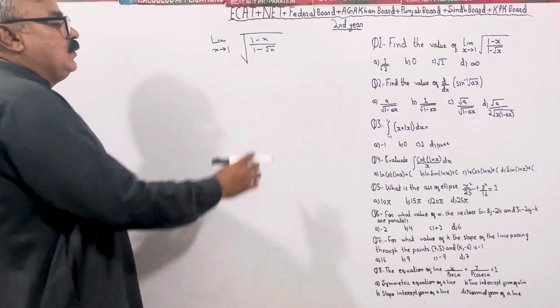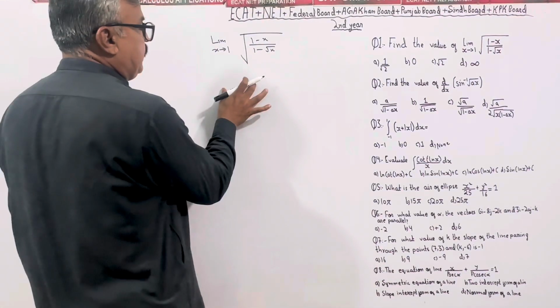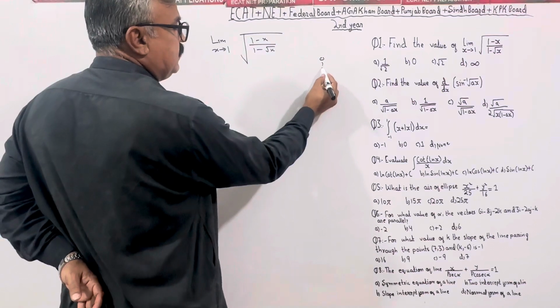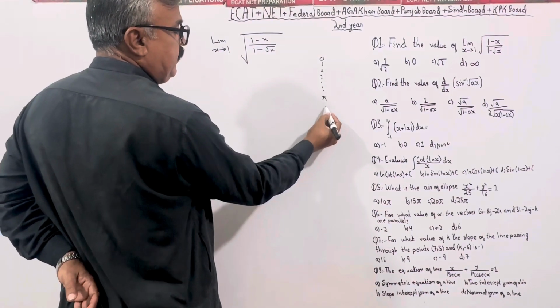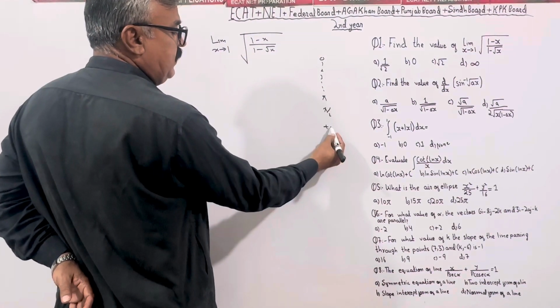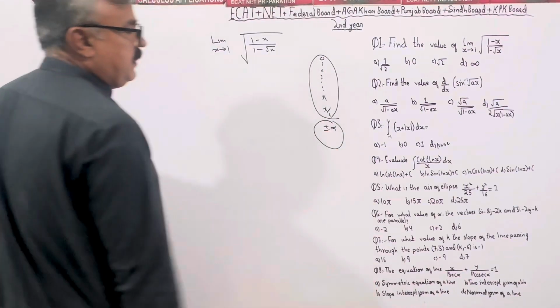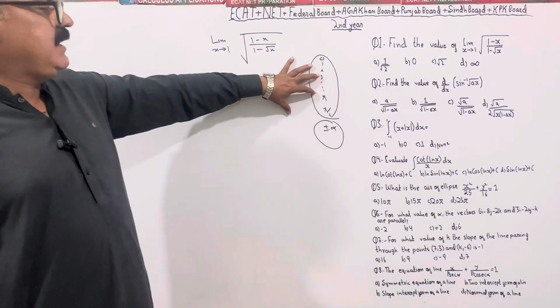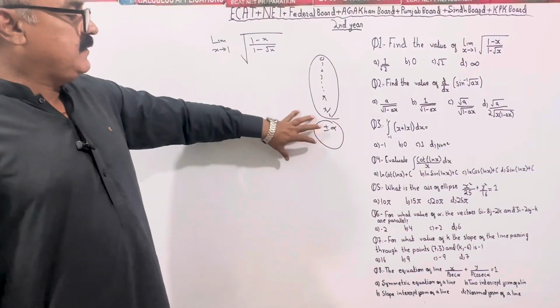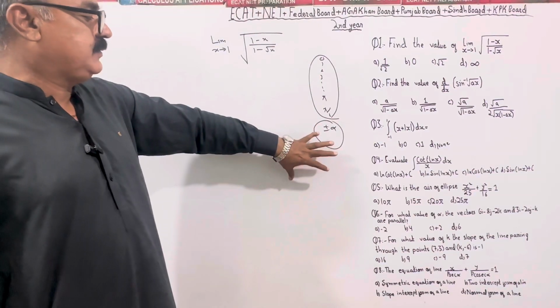There are two broad categories of limit: either based on any real number, like 0, 1, 2, 3, pi, pi upon 2, or on infinity, positive or negative, sometimes both.